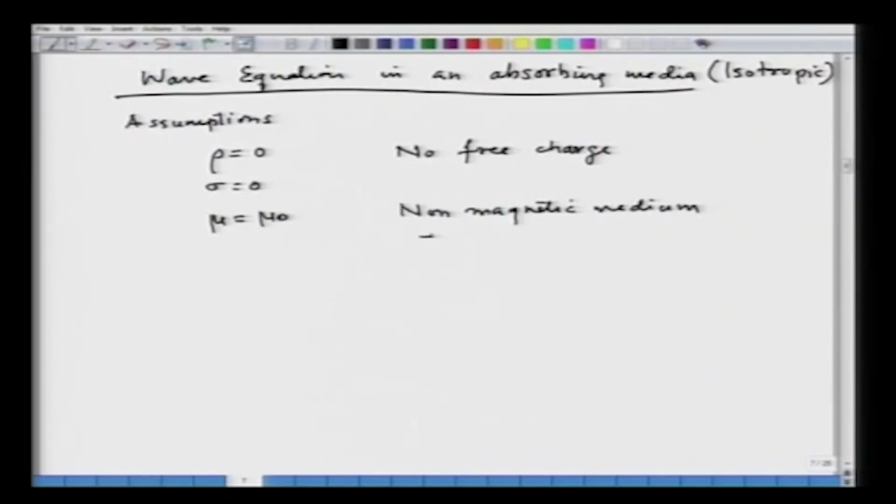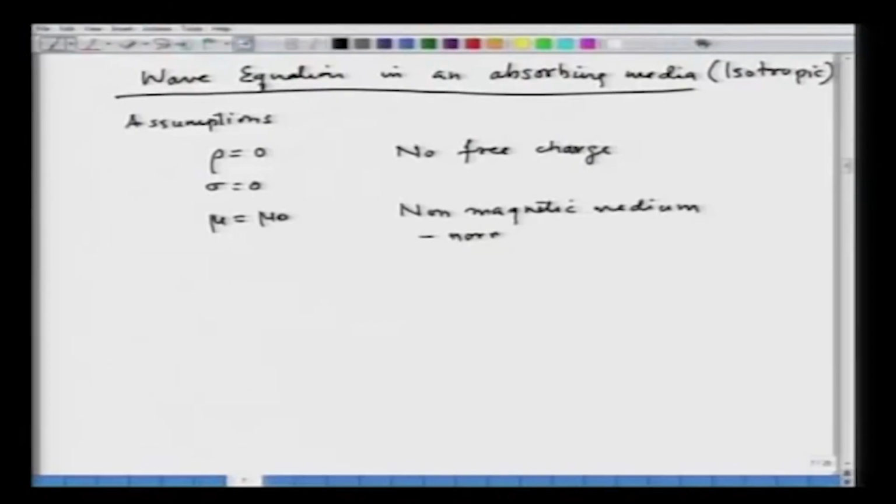Now, this is not a bad assumption, because at the optical frequency most of the mediums are not magnetic. Even the magnetic materials at a high frequency of optical wave, the magnetic activity cannot take place. Hence, normally this is true for most material, that materials do not show magnetic properties at optical frequency. So, normally true for optical frequencies.